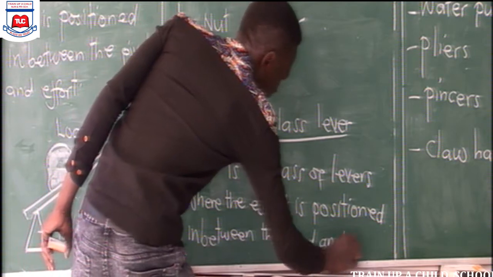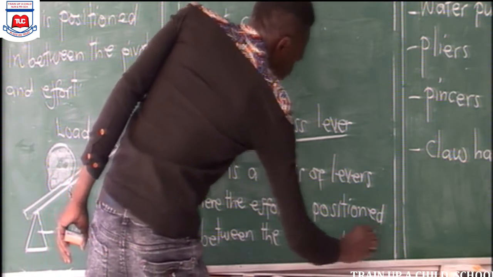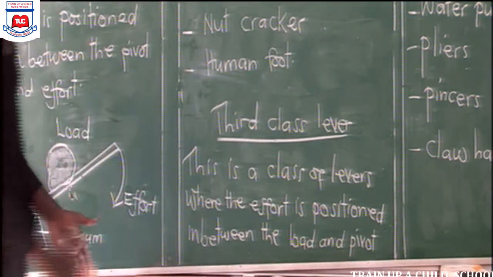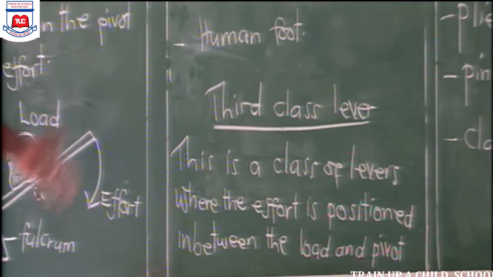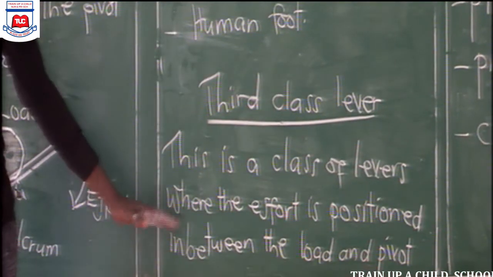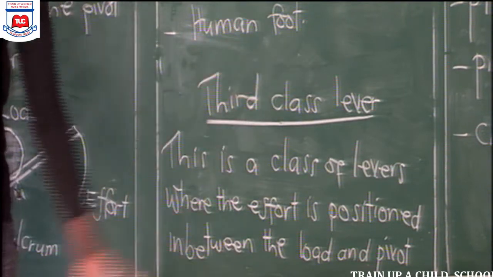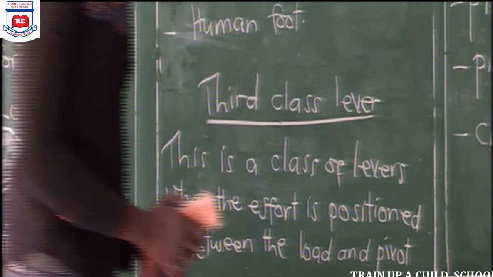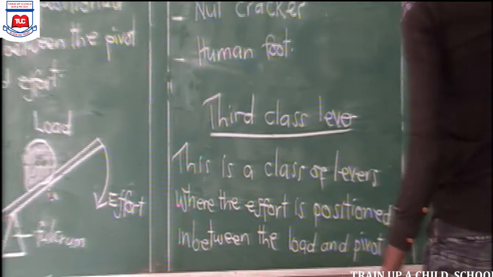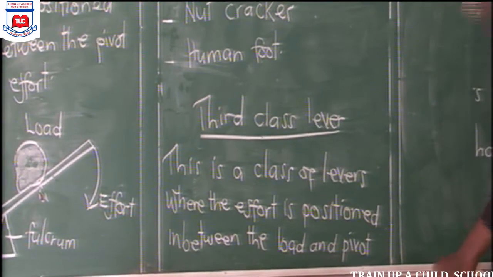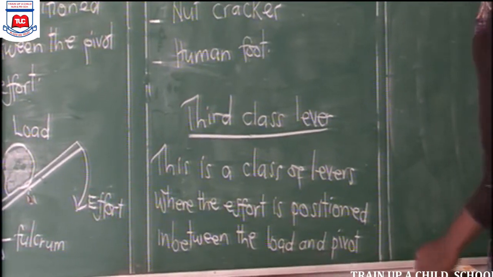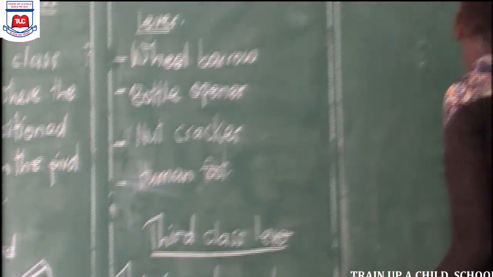If not, I can use the word pivot. As simple as this. This is a class of levers where the effort is positioned in between the load and the pivot. That's all. So we shall now look at the examples of machines.